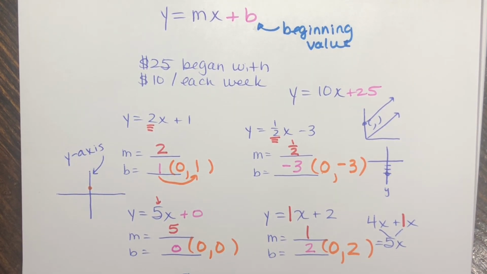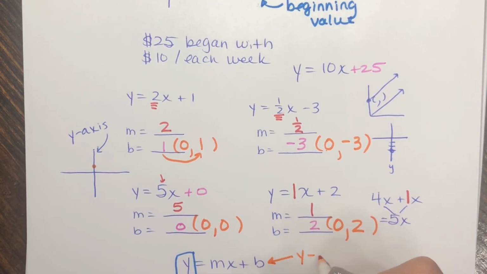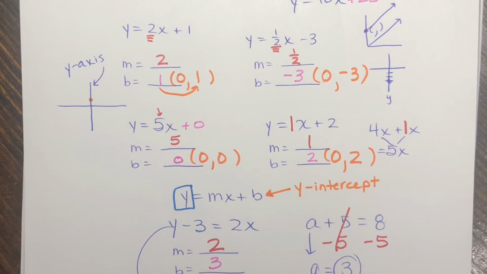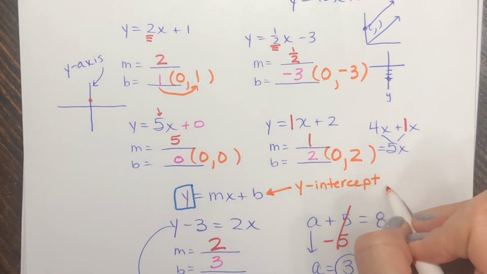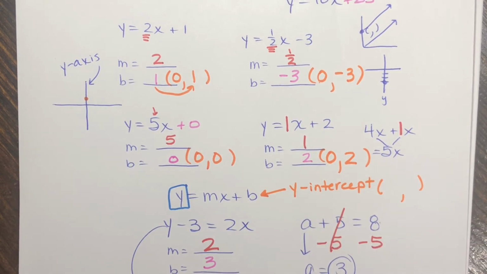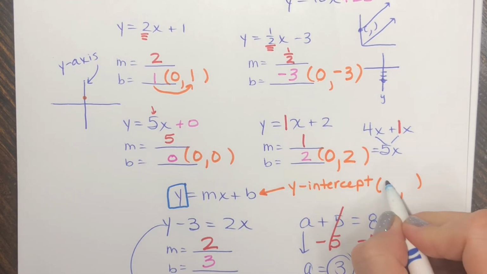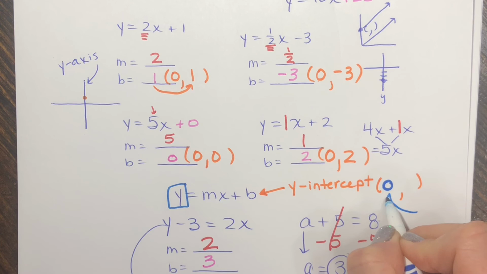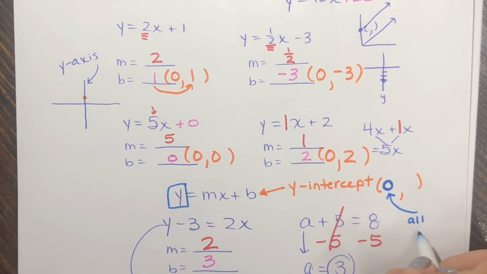So if it's on the y-intercept, right? We call this our beginning value, but the technical term for it is y-intercept, right? And a y-intercept always, 1,000% of the time, which I know that's not even possible to have, always will have an x coordinate of 0. That will be 0 all the time.